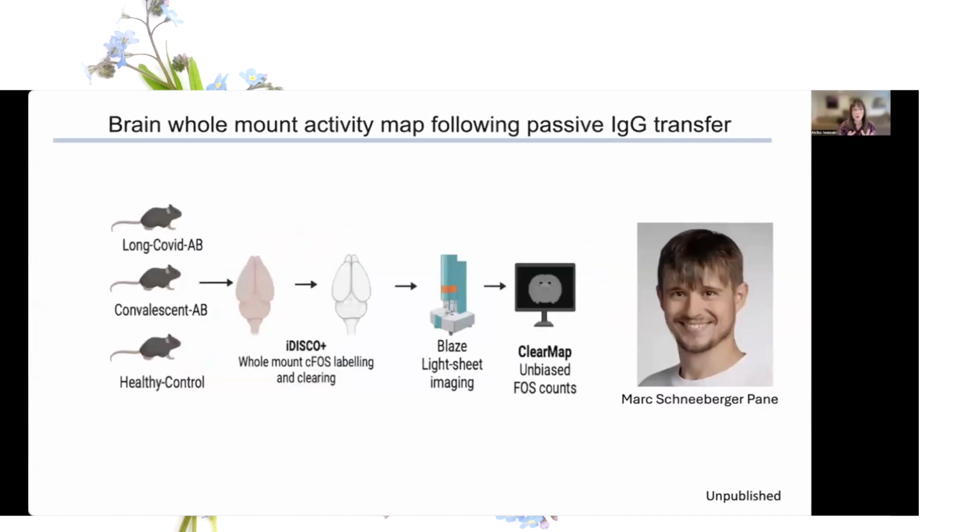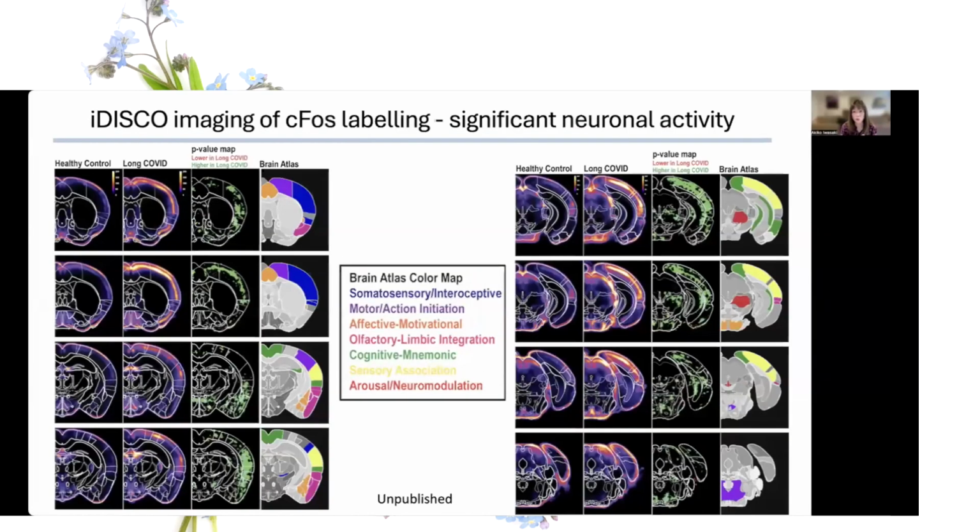And finally, we did a whole brain analysis of brain activity using cFos staining after a whole-mount clearing method, iDISCO+, which was done by Professor Marc Schneeberger, a collaborator of the Paine lab. And again, we compared those mice that received long COVID antibody versus healthy control and convalescent control.